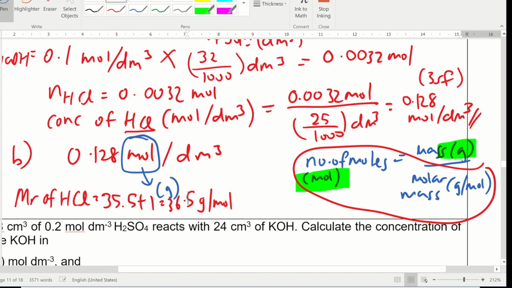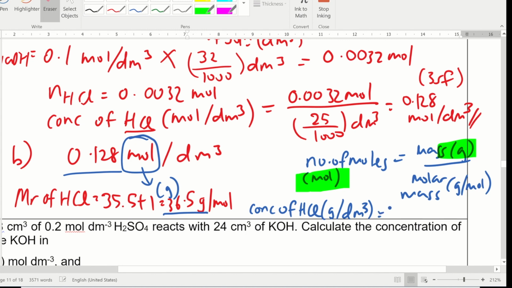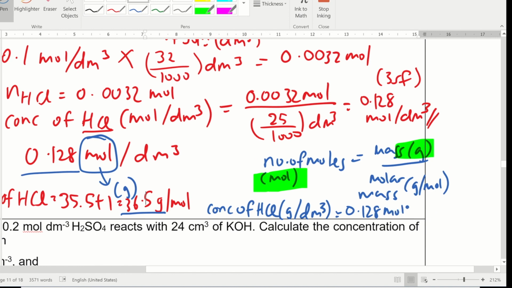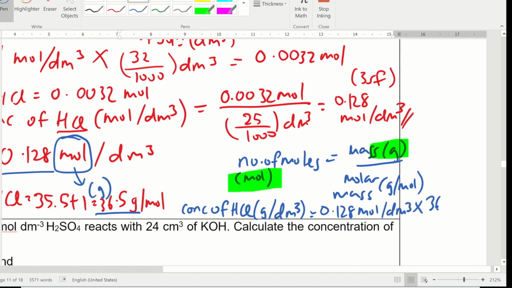So concentration of HCl in gram per dm³ will be 0.128 mole per dm³ multiplied by 36.5 gram per mole.